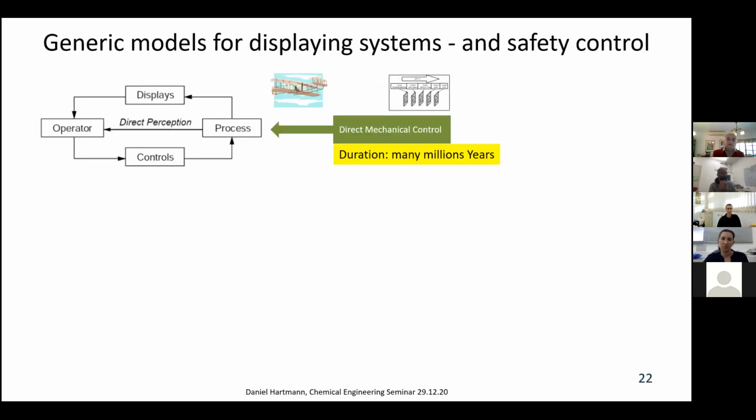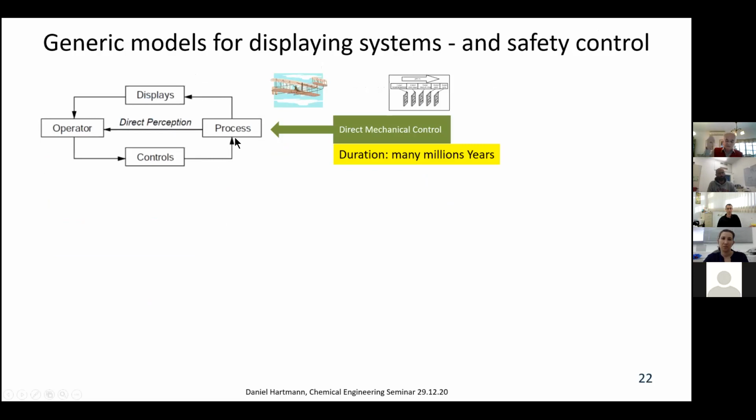Now, why is it interesting? Why are we interested in it? Because we look at system as being, as I said before, in control loops, yes? So people who lived or live in a mechanical system, there is an operator, he has some process to control.